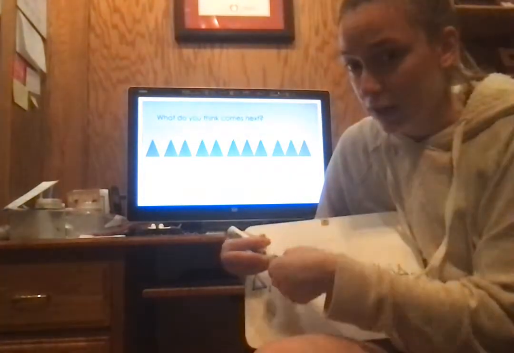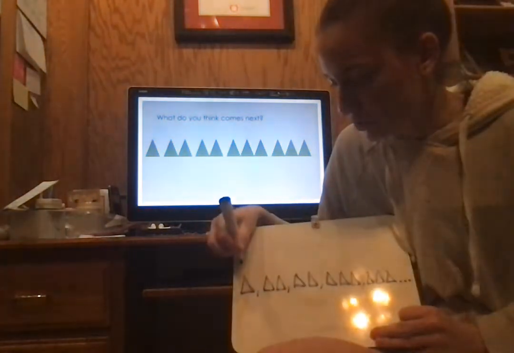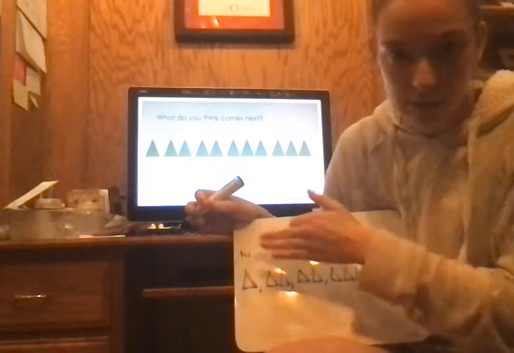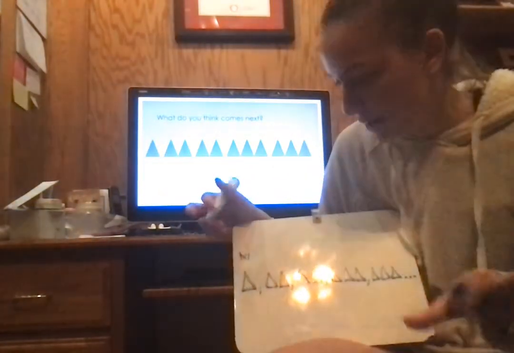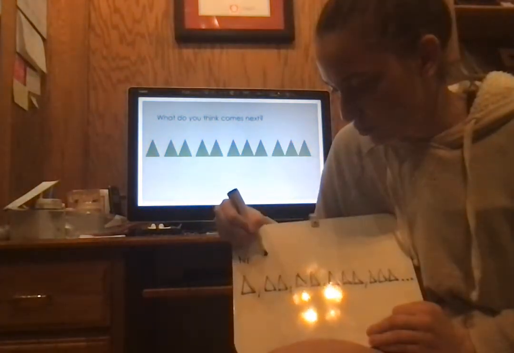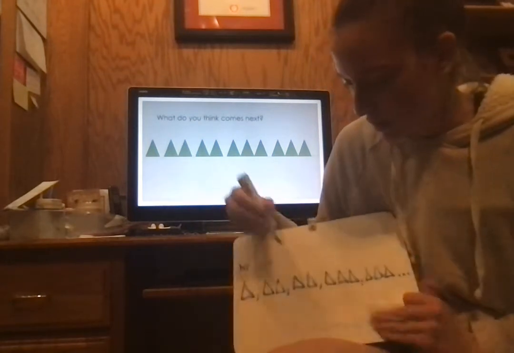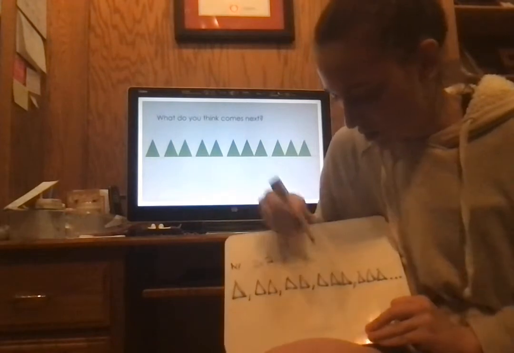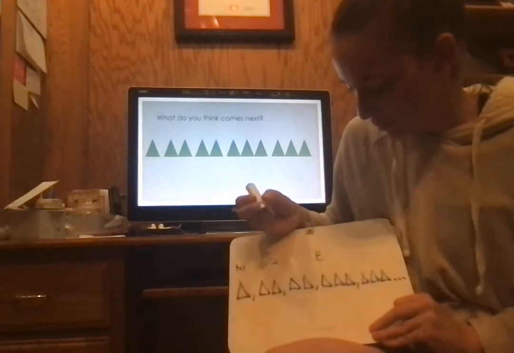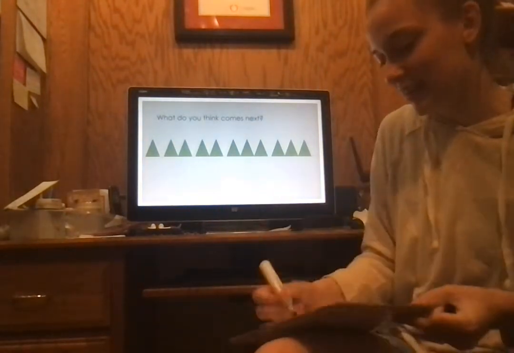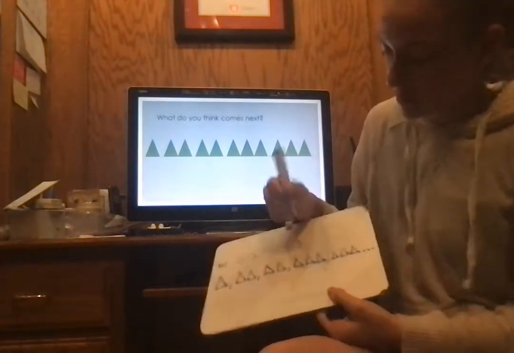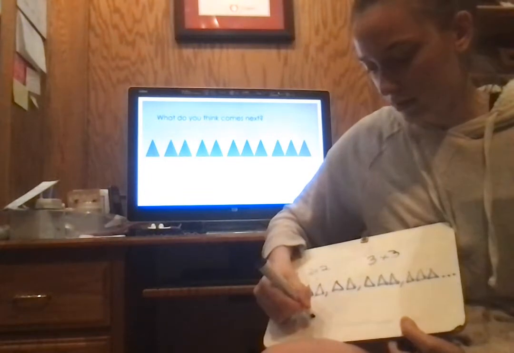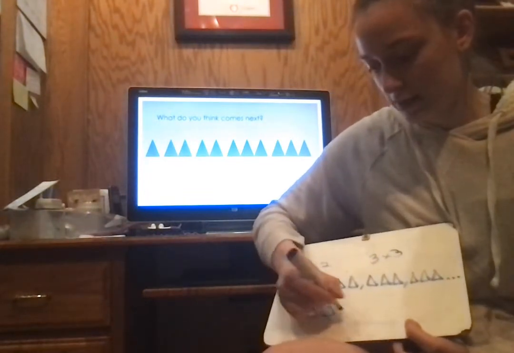One way we can look at it is this is 1 triangle 1 time. So 1 times 1, saying 1 time. This is 2 triangles 2 times. And then when we get over here, this is 3 triangles, sorry, upside down, 3 triangles 3 times, knowing that there's one more here that was not pictured.